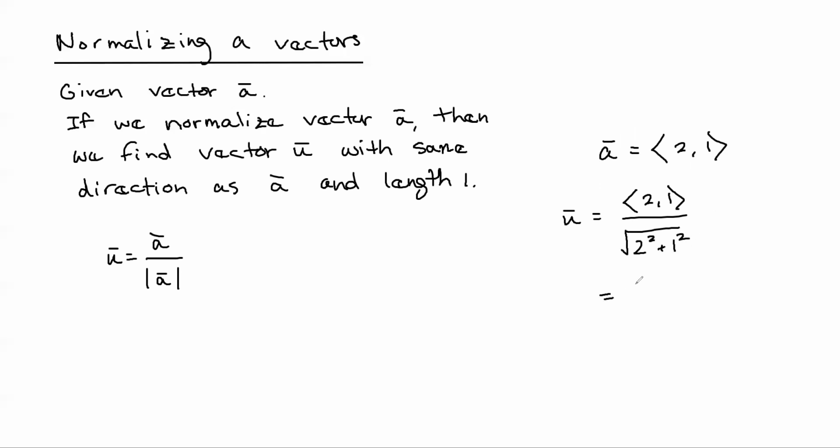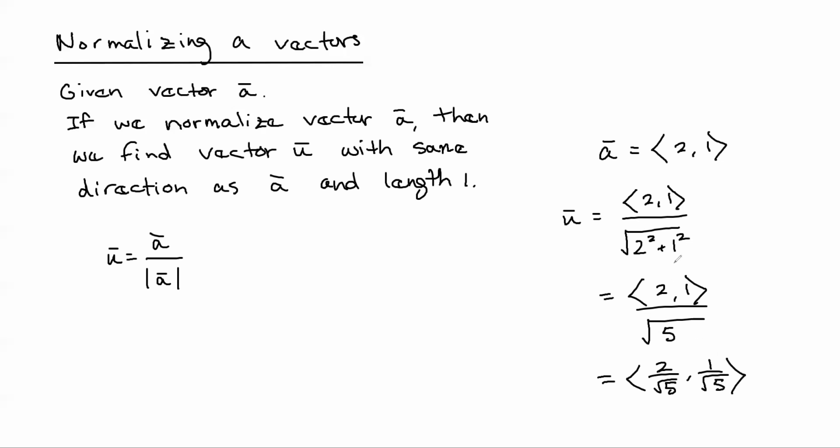So if we do that, we're going to get (2, 1) divided by the square root of 4 plus 1, which is 5. And then you could treat this as a scalar multiple of 1 over root 5 and multiply it. So we'll get (2 over root 5, 1 over root 5).